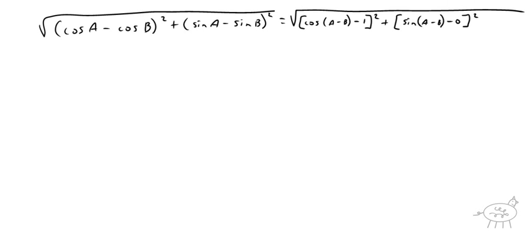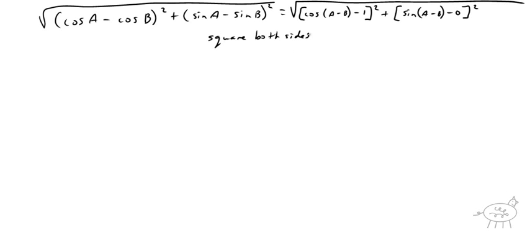Alright, now I need to solve this nasty looking formula here, but it's pretty easy. We're just going to square both sides. And then I'm going to FOIL each one of those out. I'm just going to do this in one step. When I square both sides, the square root goes away.